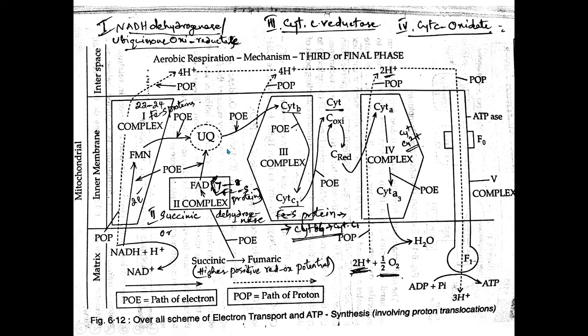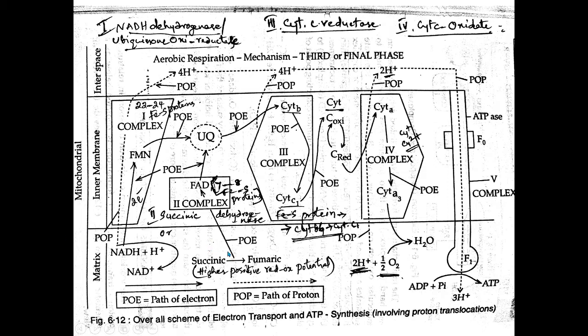In the same way, see, this is the inner membrane of the mitochondria. Cytosol NADH are also there, which are formed during glycolysis. Glycolysis takes place in the cytoplasm. So these NADH won't enter into the mitochondrial matrix. The membrane won't allow them to enter. So what they do is they transfer the electrons to FAD.